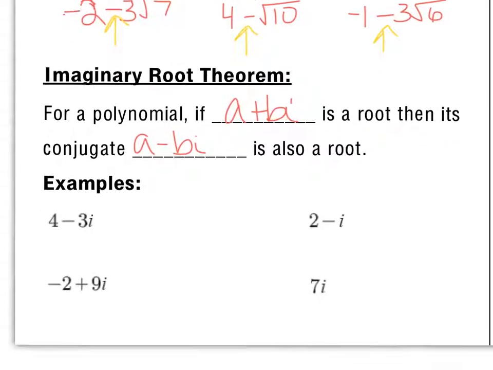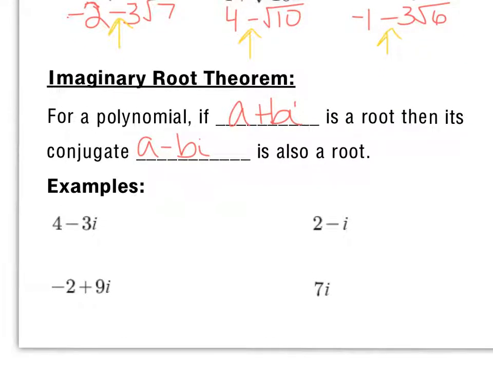So for example, if I have 4 minus 3i, then I also have 4 plus 3i. If I have 2 minus i, then I also have 2 plus i. Negative 2 plus 9i means I have negative 2 minus 9i. And if I have positive 7i, I also have negative 7i.